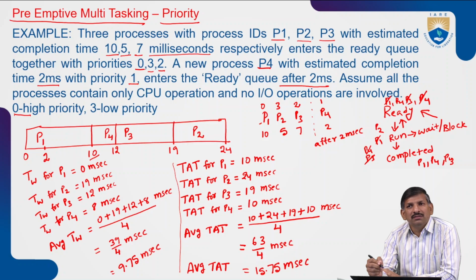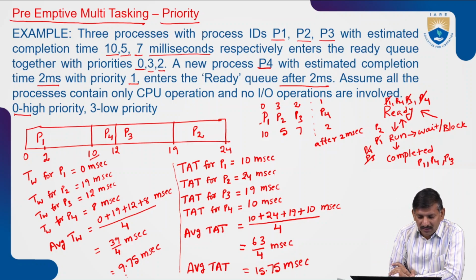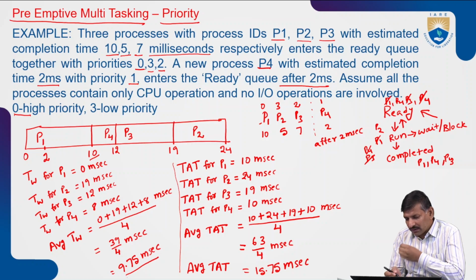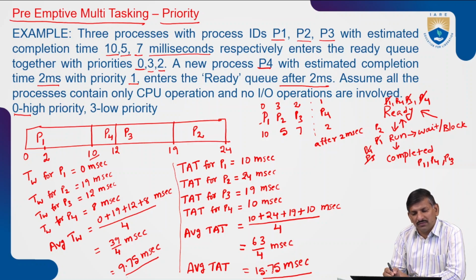So like this, we can check the average waiting time and average turnaround time for this requirement. The average waiting time is 9.75 milliseconds. The average turnaround time is 15.75 for this requirement.